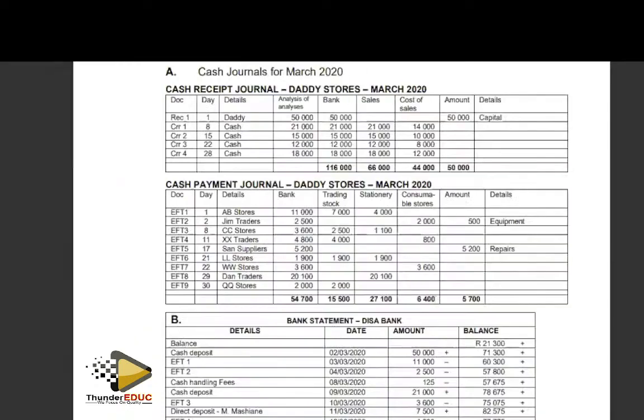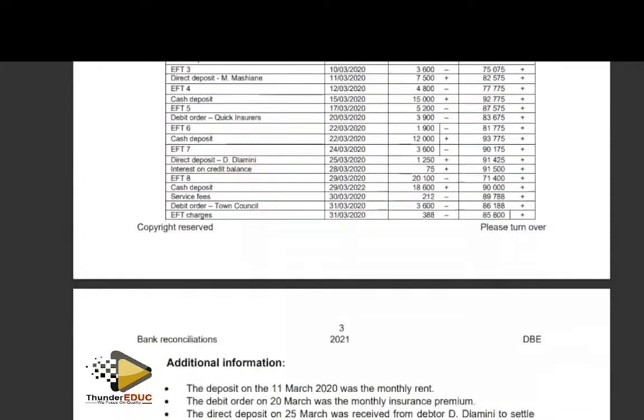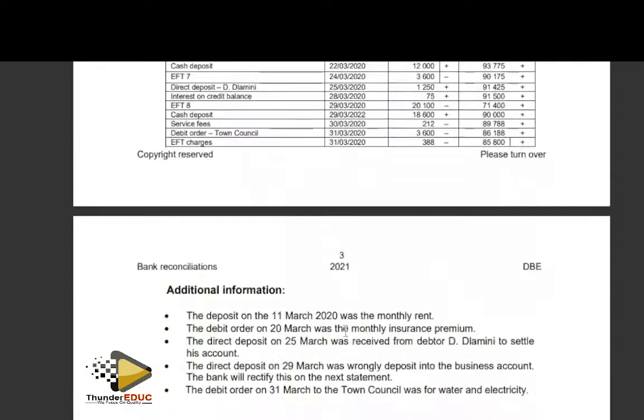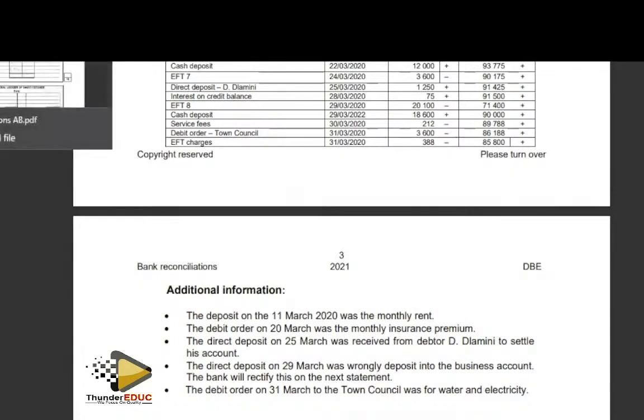Yeah, it's the same company. So I'm going to change this figure to 116,000. Even the totals they started with were wrong, so we can't take these totals. Let me check additional information. Yeah, we are going to change those totals. Let me first change them, then we proceed.